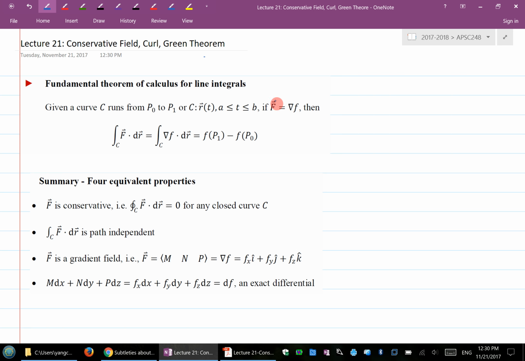That vector field will naturally be a conservative field. And there's this very important theorem called the fundamental theorem of calculus for line integrals. This theorem basically says if this vector field is conservative, then when you evaluate a vector line integral, you don't need to carry out the calculation.